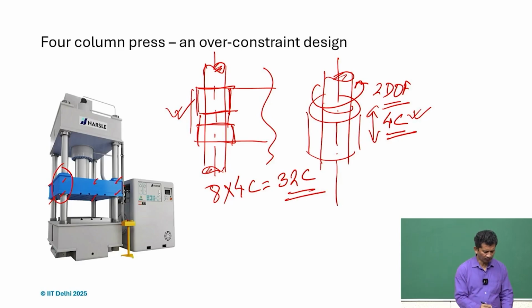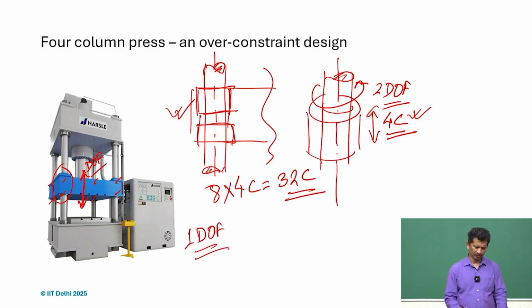What is ideally required? This upper plate should move only in this direction. So only 1 DOF. The requirement is only 1 DOF.